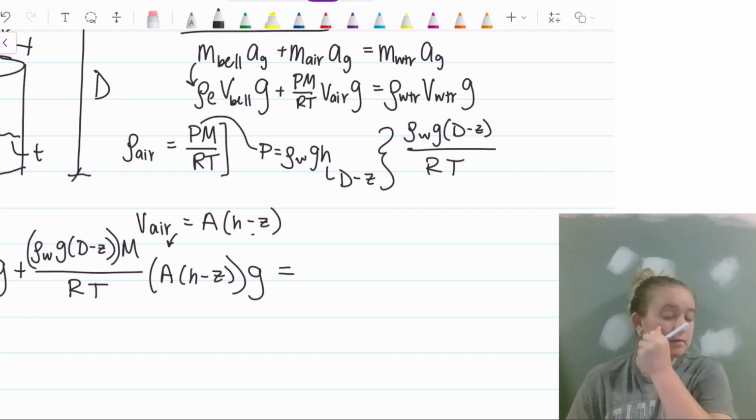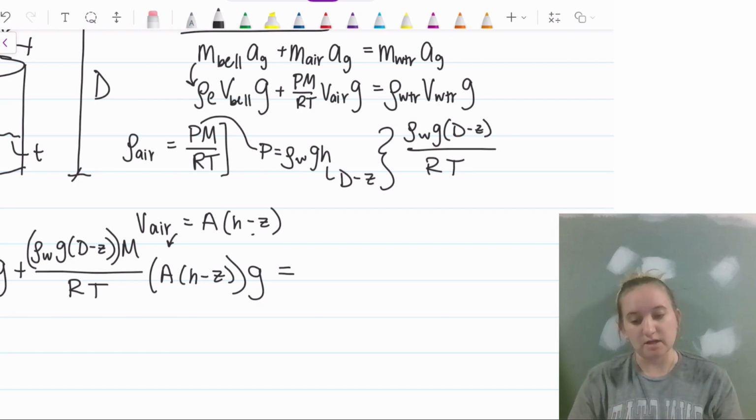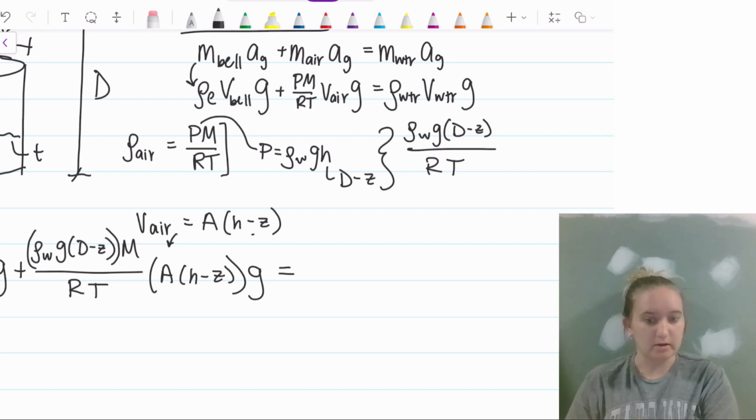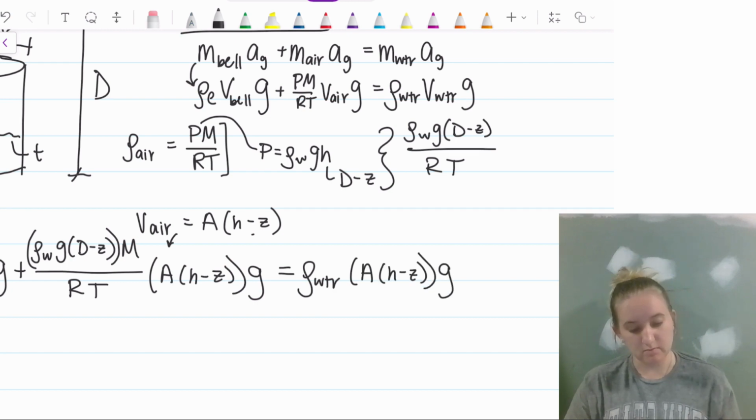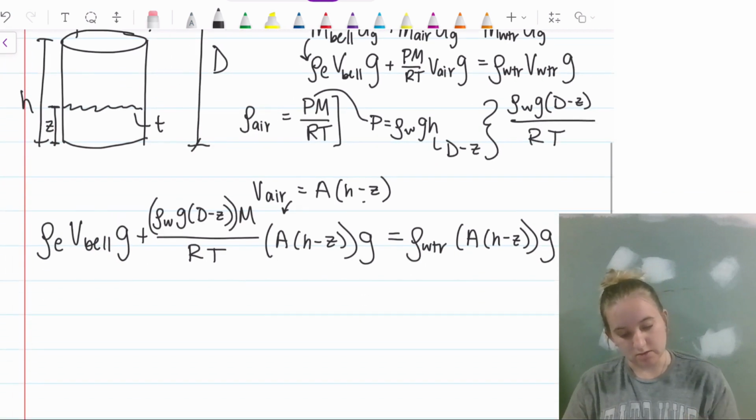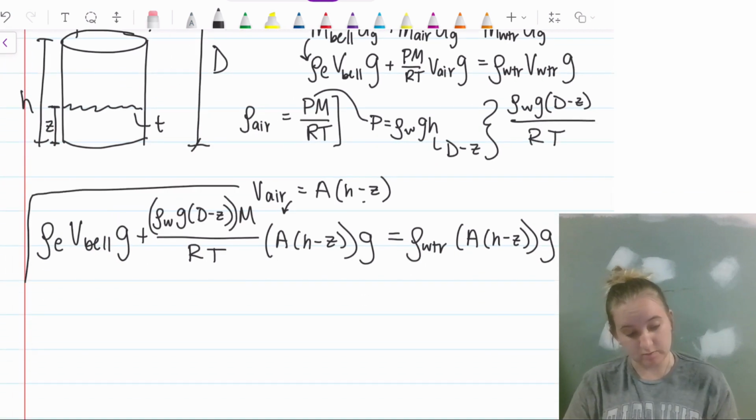But V bell isn't needed because we are using the effective density, so we're already subtracting this term on the other side, so our expression changes a little bit, but not a bunch. So then on the right side we get rho water times the volume, which is A times (H minus Z) times G. So that is our expression for the force balance.